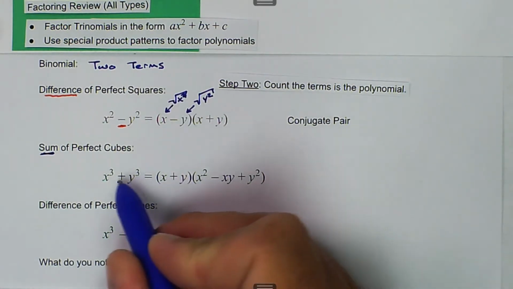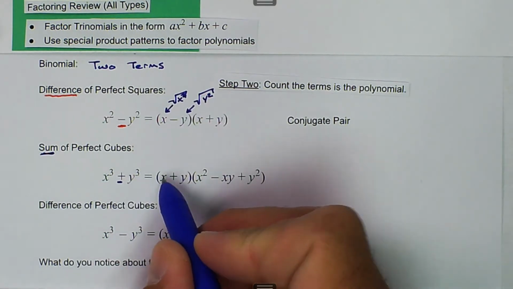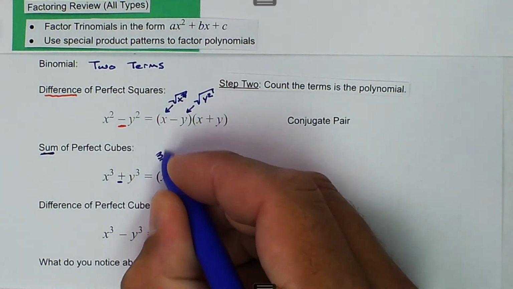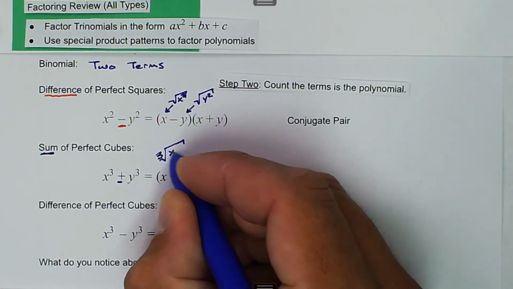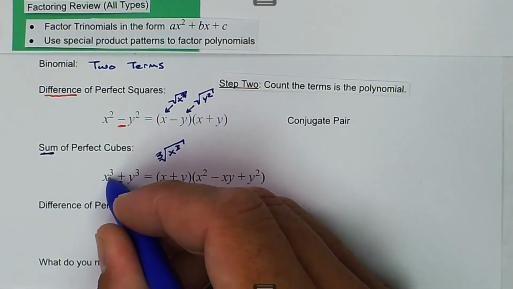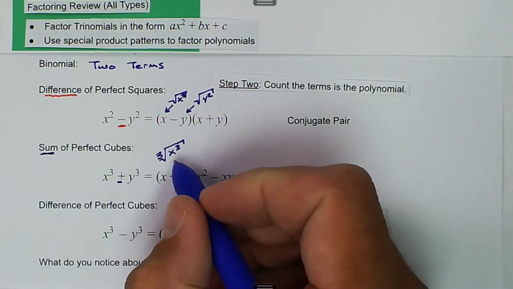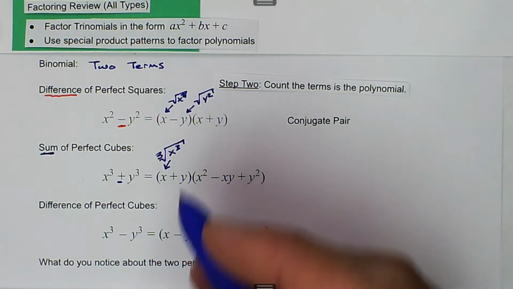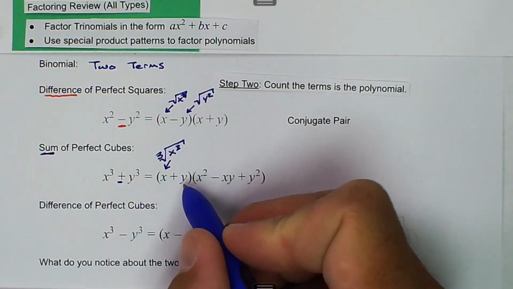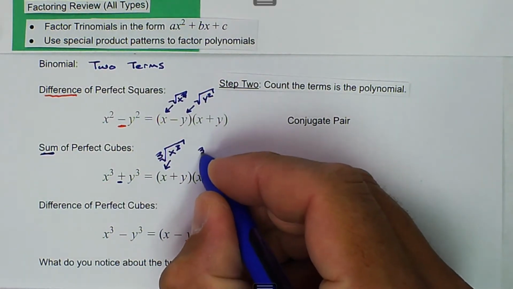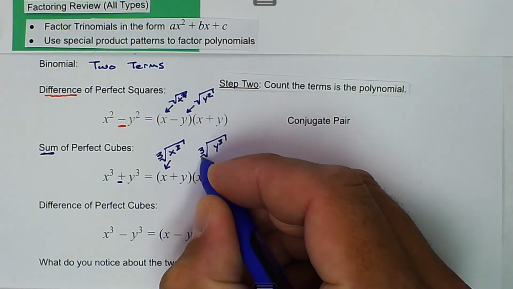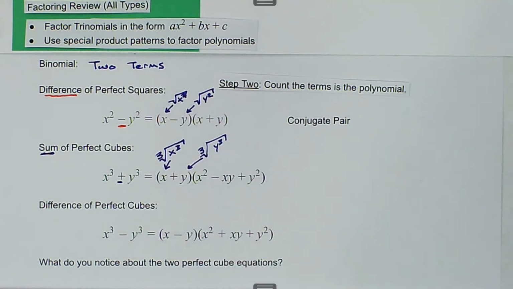So how do we make x cubed become x? Well, we take the cube root of x cubed. We take this leading term, take the cube root of it, and that gives us our first term. And then how do we get the second term? We take the cube root of y cubed, and that gives us our second term.